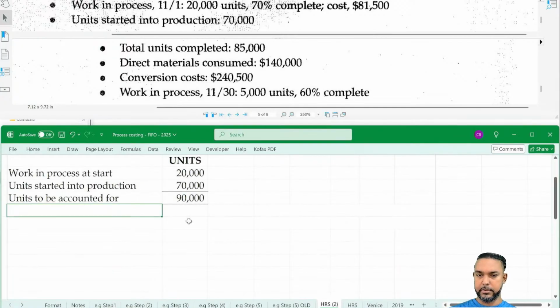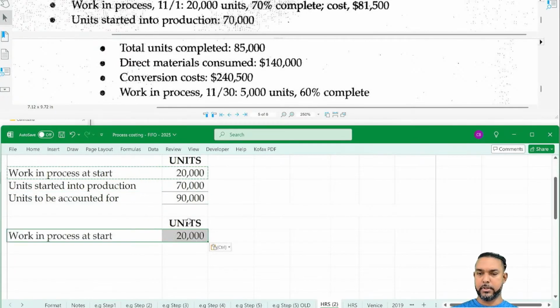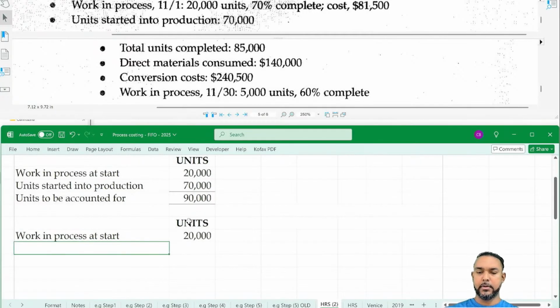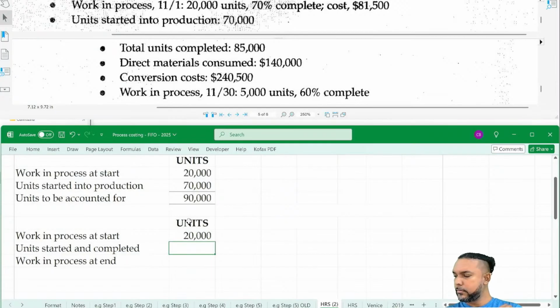And again, we'll do units. Right, so we have work in process at start, units started and completed, and work in process at end.